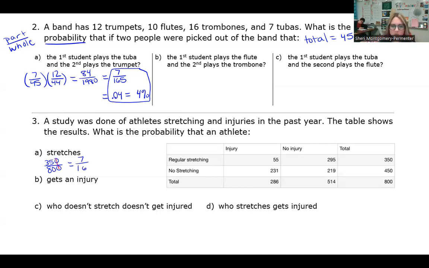And what is that as a decimal? Okay, so I get 0.437, so that would be 0.44. And what would that be as a percent?